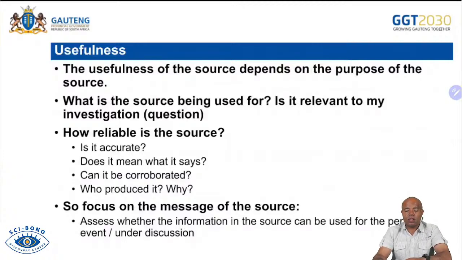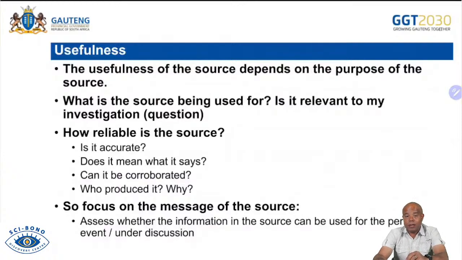The usefulness of the source depends on the purpose of the source. That's the first thing that we need to understand. What is the source being used for? Is it relevant to my investigation? How reliable is the source? Is it accurate? Does it mean what it says? Can it be corroborated? Who produced it and why? So learners, when the question is posed, explain the usefulness, it reminds us about how reliable the source is.